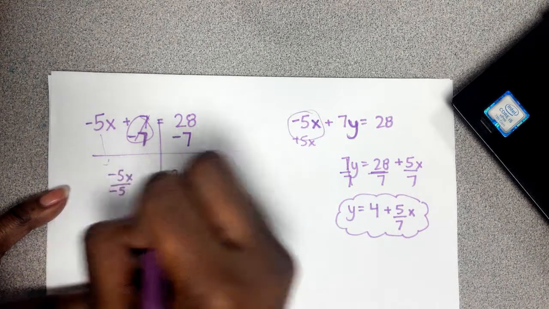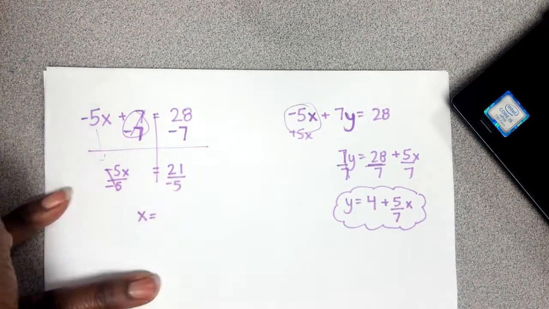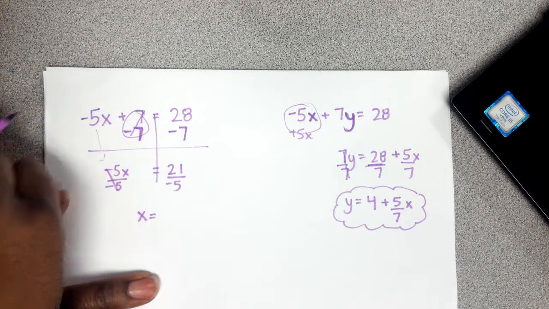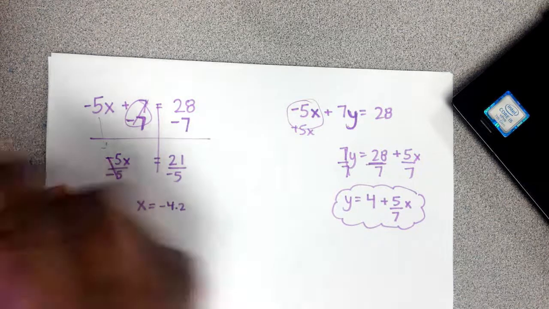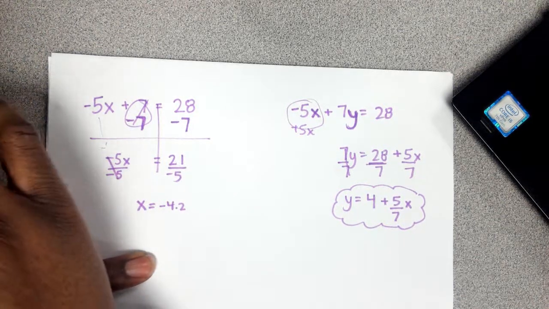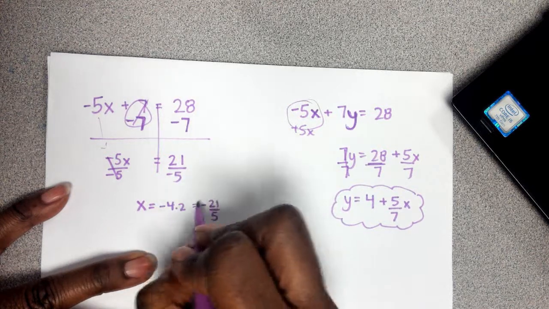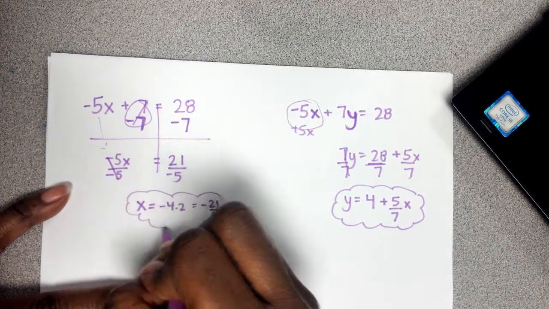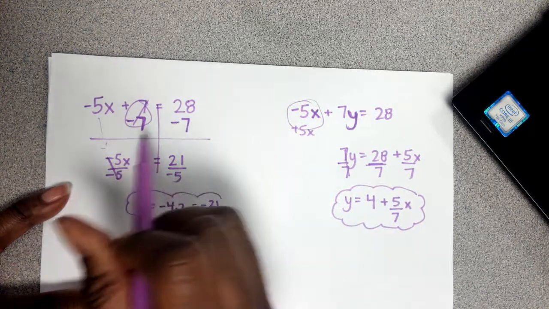Now I'm dividing by a negative 5. Then x equals, let me go ahead and divide that and see what that equals. 21 divided by negative 5 gives me negative 4.2. Or if I press math, enter, negative 21 over 5. So either of these will be your x value. The value of x, that is the solution for this one.